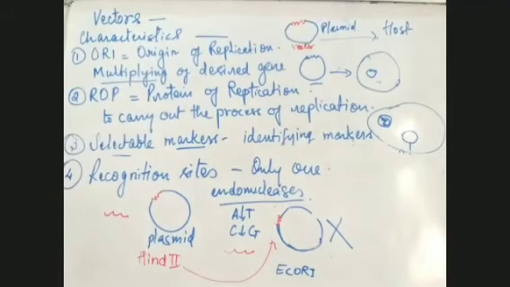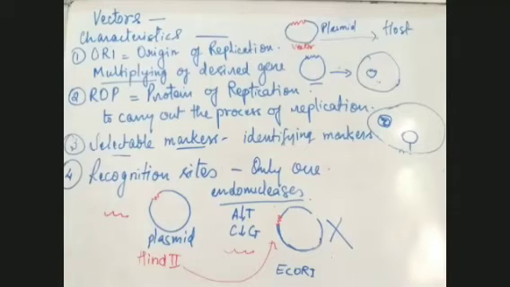So these are the characteristics which the vector should have. It should have an origin of replication, the protein required for replication, and a selectable marker to differentiate between transformants and non-transformants. Again, transformants are the ones in which our desired gene is there, and non-transformants are the ones in which it is not.